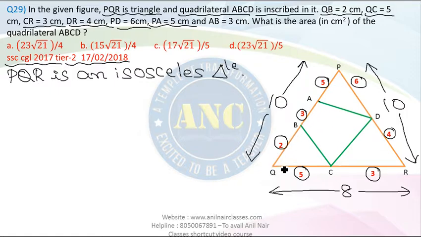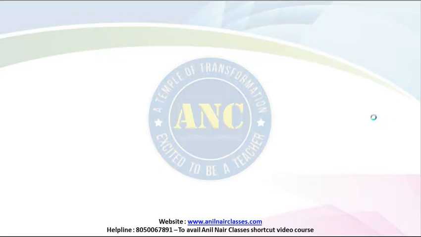From the entire outer orange color triangle PQR, remove this smaller triangle APD, remove this smaller triangle BQC, remove this smaller triangle DCR. Now let me give you a hint. That hint says that we have already learnt it.